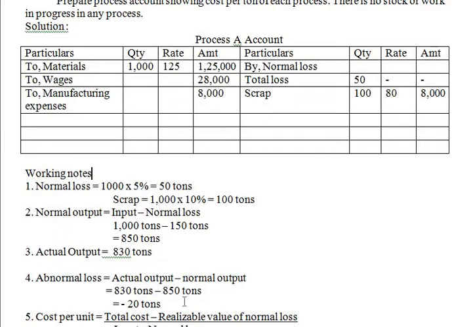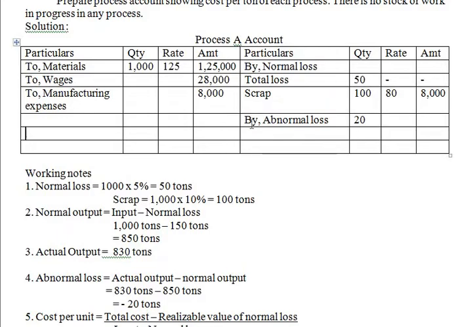Now always abnormal loss, we show it on the credit side of process account. So by abnormal loss 20, and we need to find out the rate of abnormal loss.